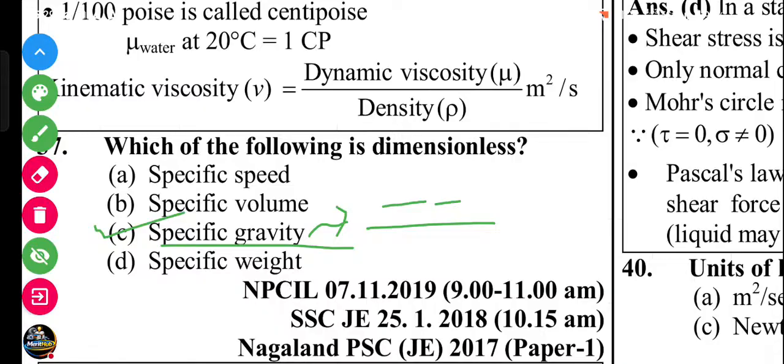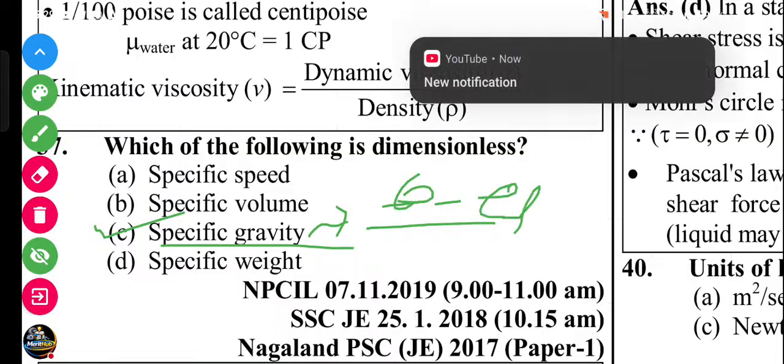In terms of density, you can remember it as the density of the fluid by the density of the ideal fluid.